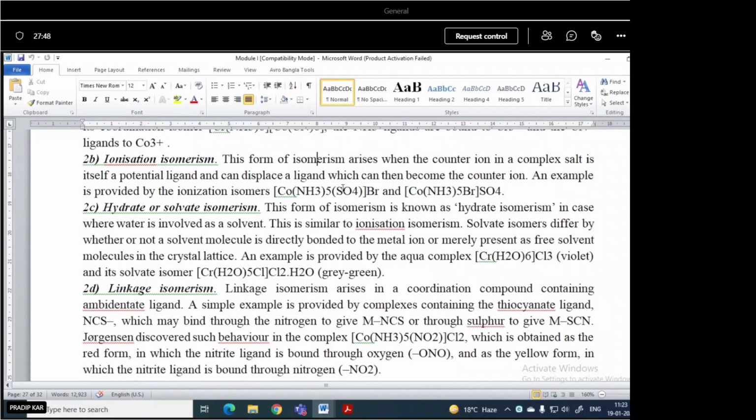But if we consider [Co(NH3)5Br]SO4 with SO4 2 minus outside, then when we make the solution we get this as a plus and SO4 as a minus. So we get different ions during the making of the aqueous solution. The counter ion is different. Is it clear? This is ionization isomerism. Here you can also see the charge on Co is different.